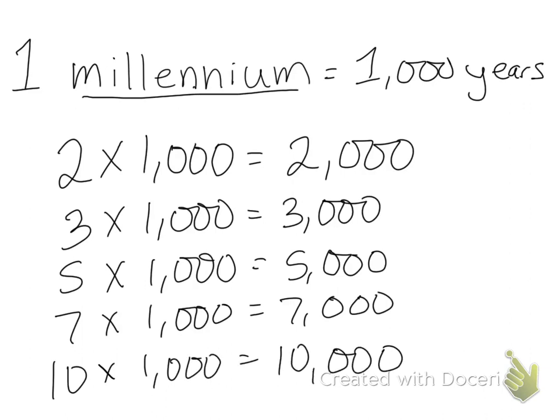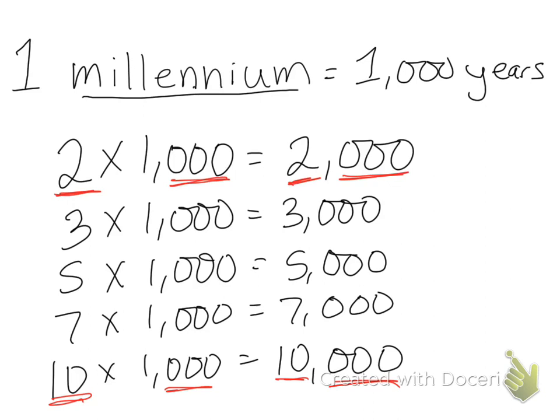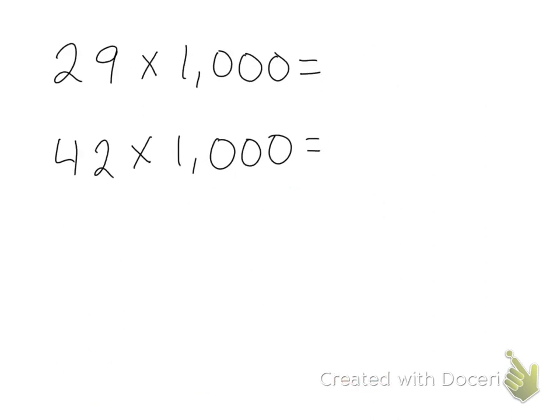Do you see the pattern here? Anytime we multiply by 1,000, my answer is always the number we multiply by with 3 zeros after it. 2 with 3 zeros. Same with 10, you have a 10 and then 3 zeros after it. So what is 29 times 1,000?